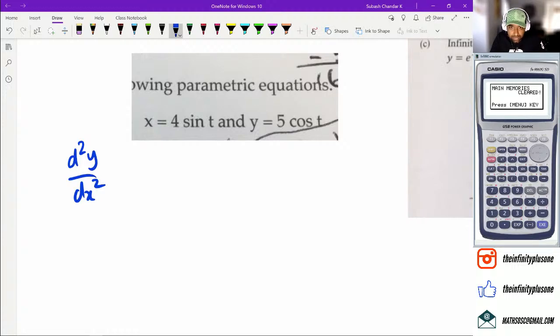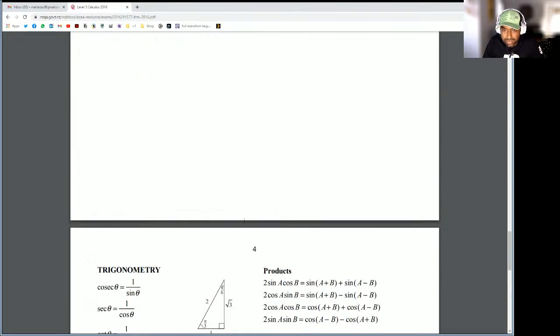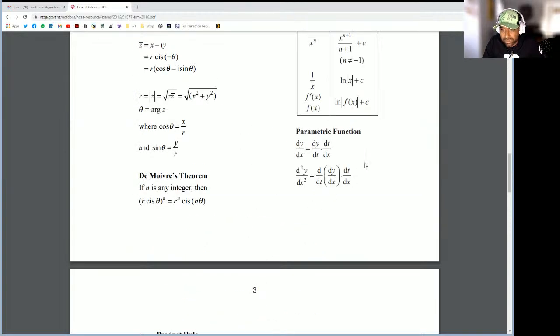All I'm going to tell you guys is this: whenever you see parametric equations, just go back to the formula sheet. In the formula sheet, they do give you the main equation that you're going to need here. The parametric functions thing is actually given, and this part is really important because all it is is learning how to substitute things and a little bit of differentiation.